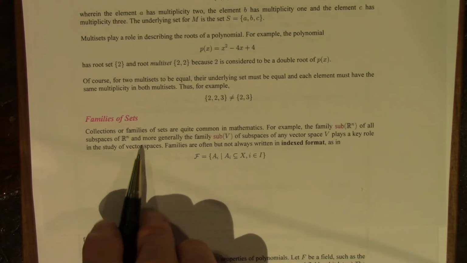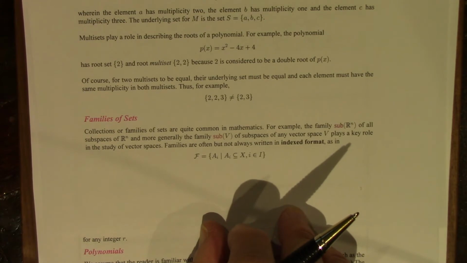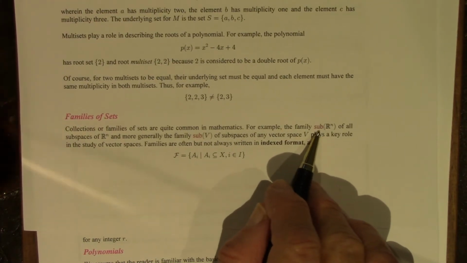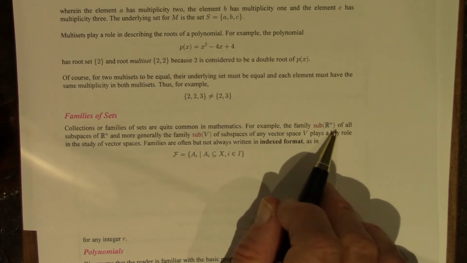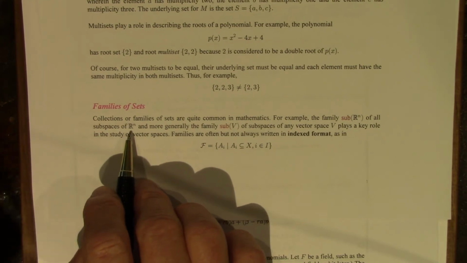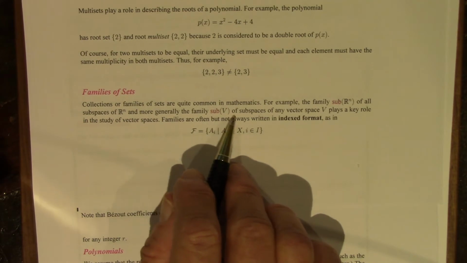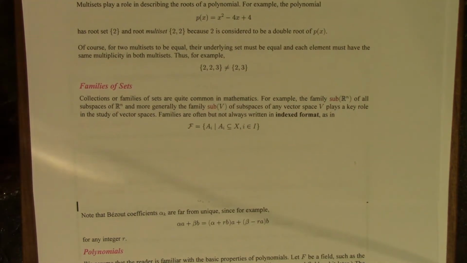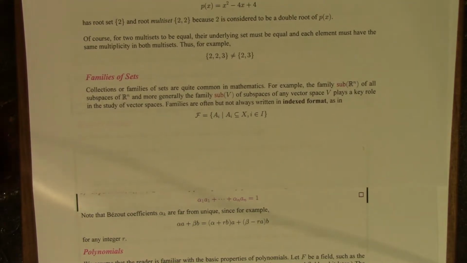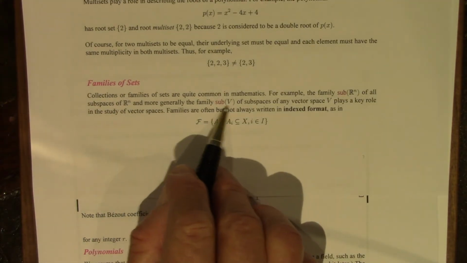Collections or families of sets are quite common in mathematics. For example, the family that I denote Sub(R^n) of all subspaces of the vector space R^n, and more generally the family of all subspaces of any vector space, play a key role in the study of vector spaces, and we're going to spend quite a bit of time studying Sub(V).